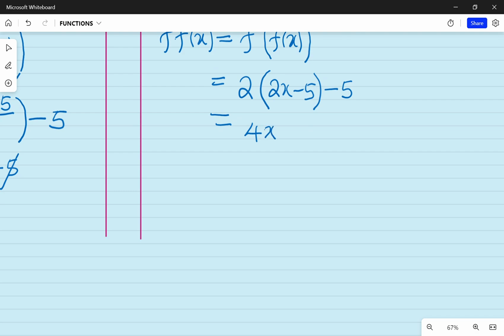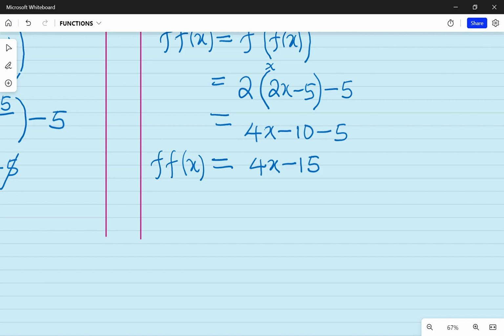So this is now going to give me 4x. This is going to be treated as a multiplication. So 4x minus 10 minus 5, which gives me 4x minus 15. This is f of f of x, 4x minus 15.